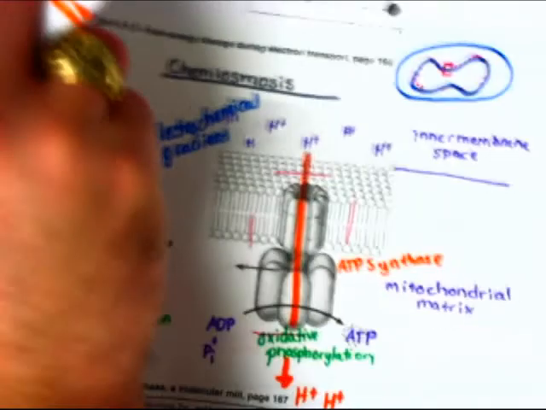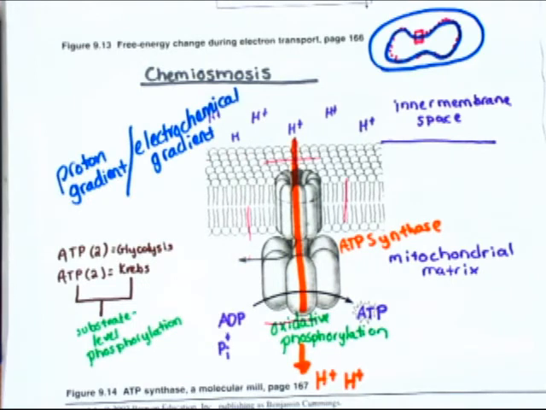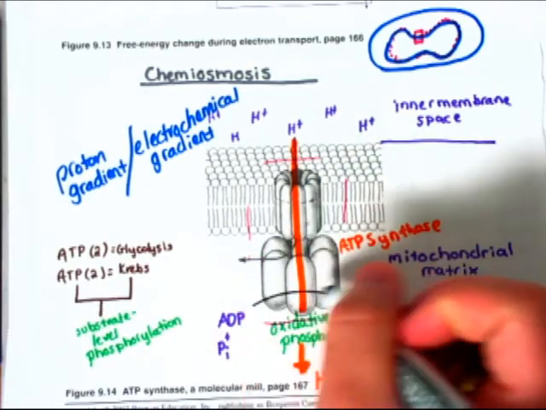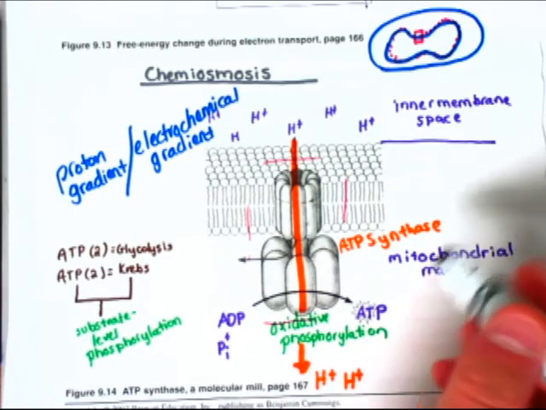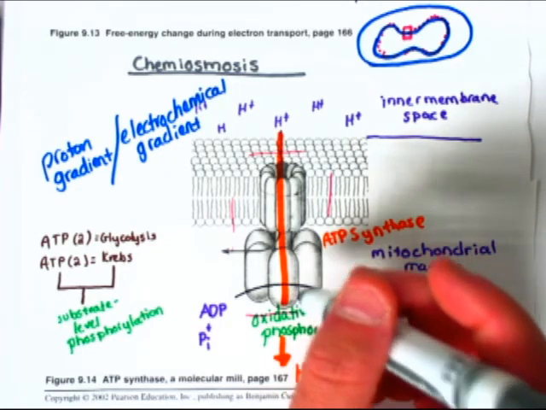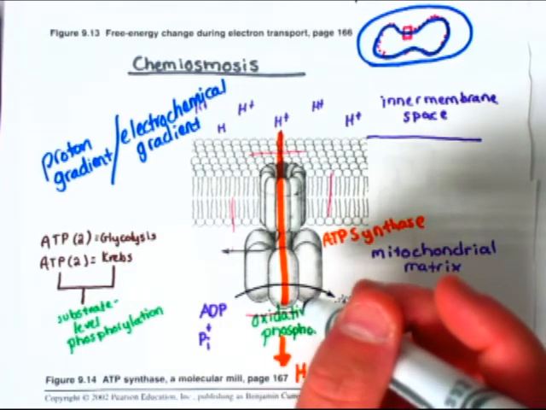Let's go back to this drawing real quick. The reality is that for every NADH, you actually can make, and this is a very approximate number, because as you could guess, this rotor, this turbine situation, or whatever you want to call this, it doesn't turn exactly an integer number. You know what an integer is, right? Basically a whole number.